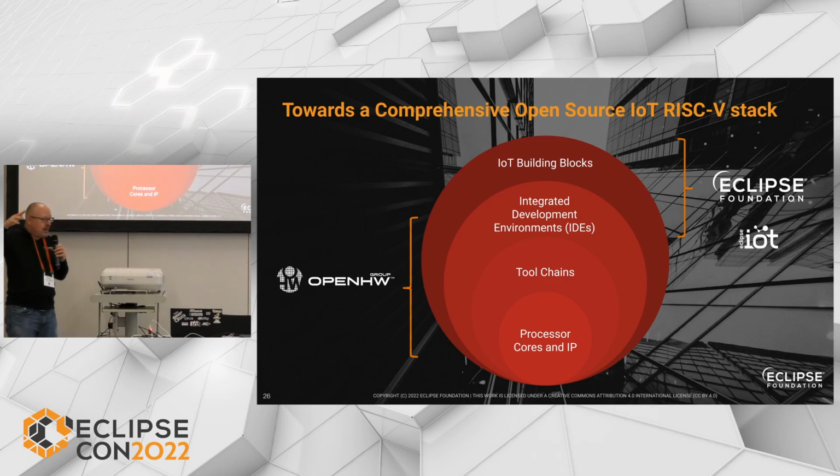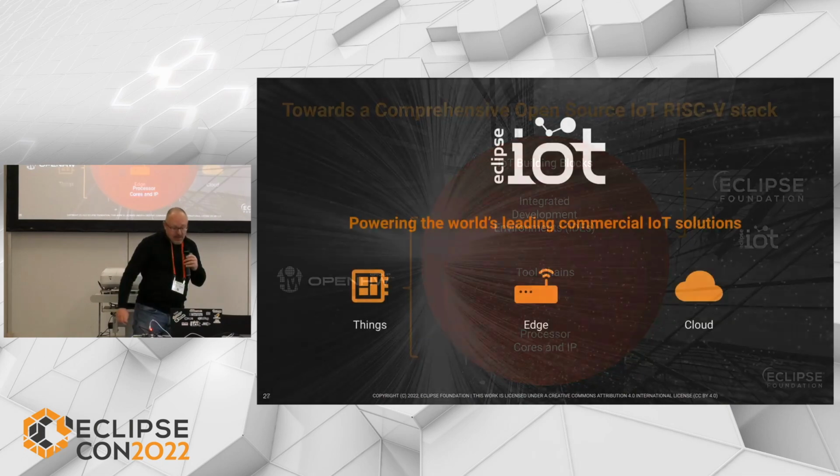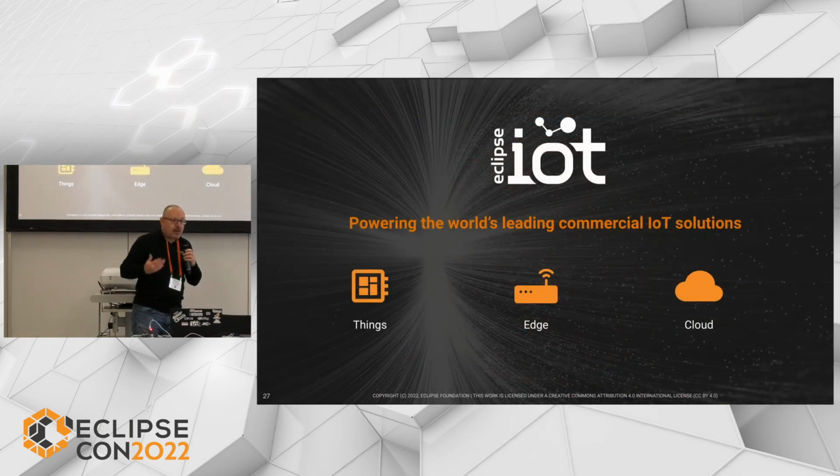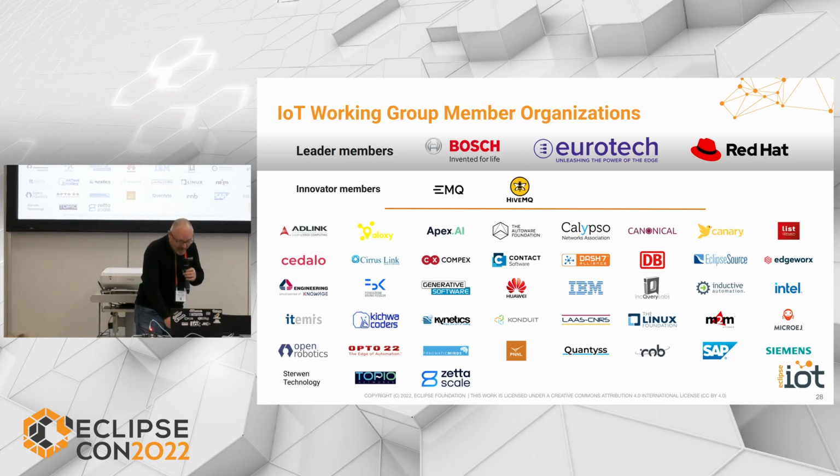As time passes, we will try to incite more and more Eclipse IoT projects to make sure that their stuff works well with Core-V processors and boards. From the Eclipse perspective, all of this is happening in the Eclipse IoT working group, a great bunch of people that care pretty much about IoT.